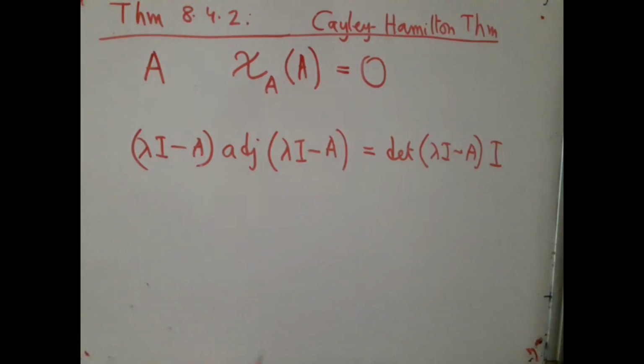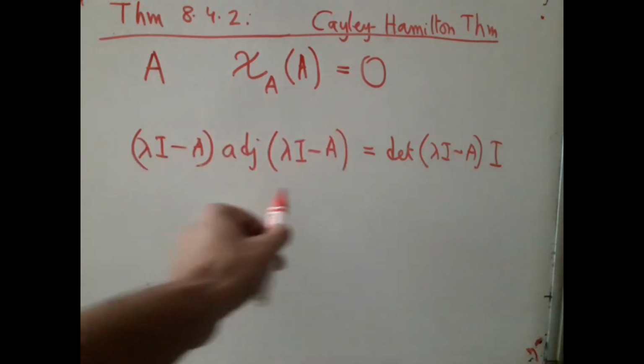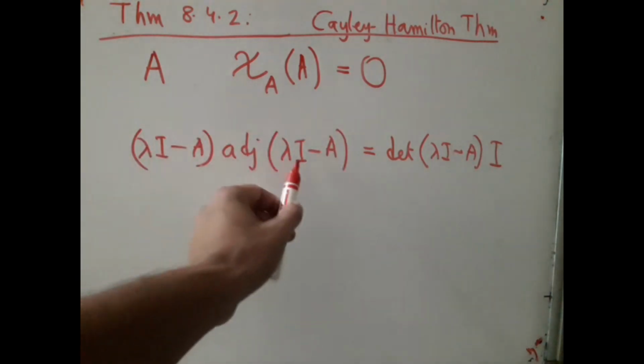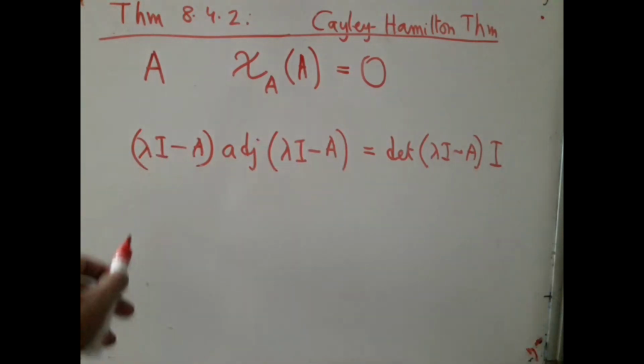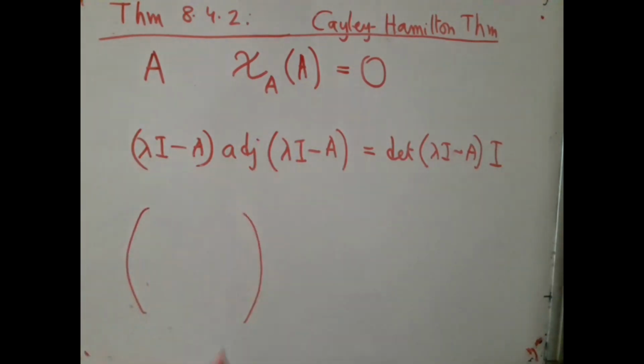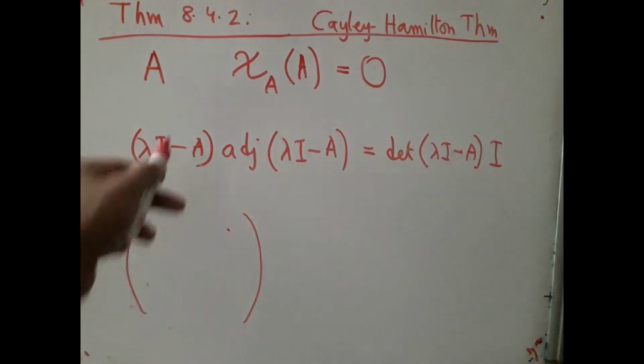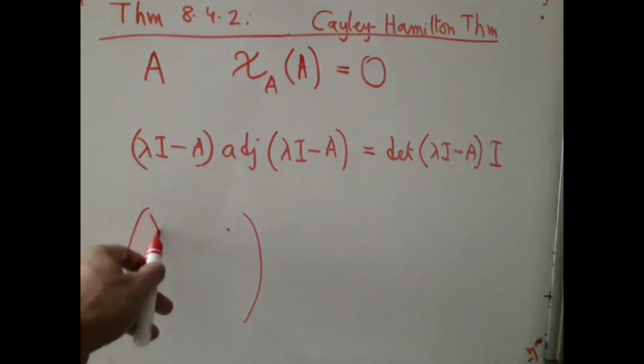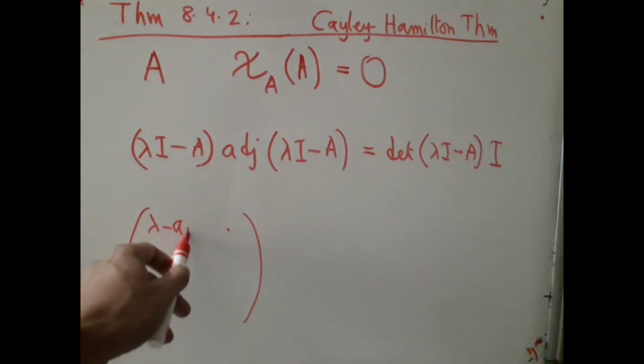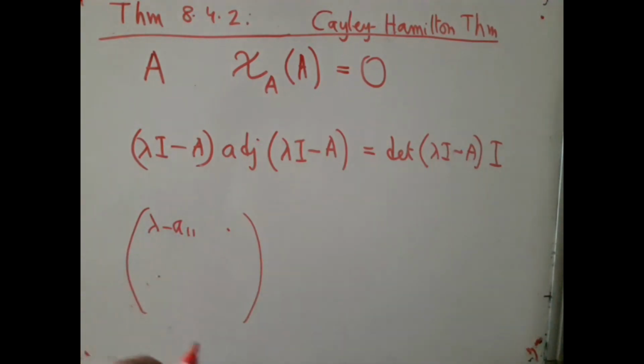Now, quickly understand what type of matrix this is. Every element of lambda I minus A is of the form either a number that comes from A, or something like lambda minus a11. So either it's a number or it's something to do with lambda.